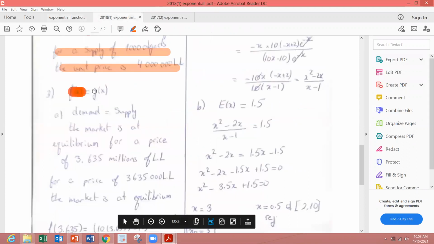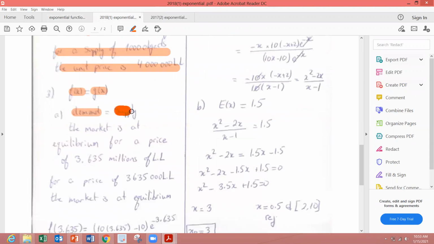So f(x) equals g(x) means demand equals supply. So we say the market is at equilibrium for a price of 3.635 millions of Lebanese lira.